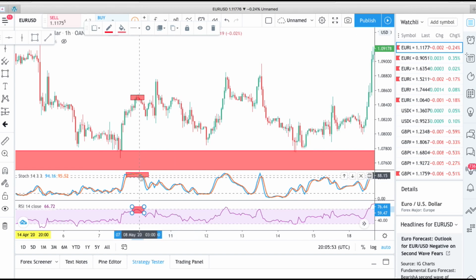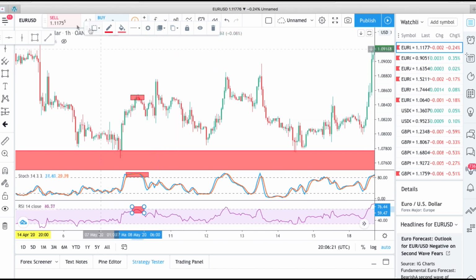We have stochastic showing way overbought, RSI right on the overbought area, and the market turned around a bit. But no, this is not correct. The market was not at an area of support or resistance. The market was in no man's land. So you enter this market here, you would have gotten a slight move to the downside, but as you look, it turns around and you probably hit a stop loss.